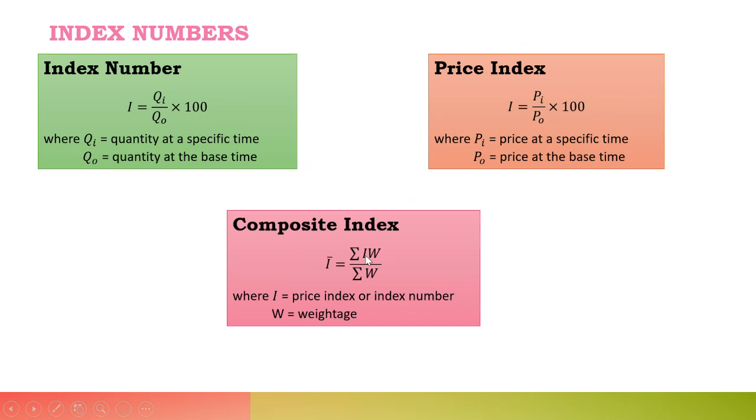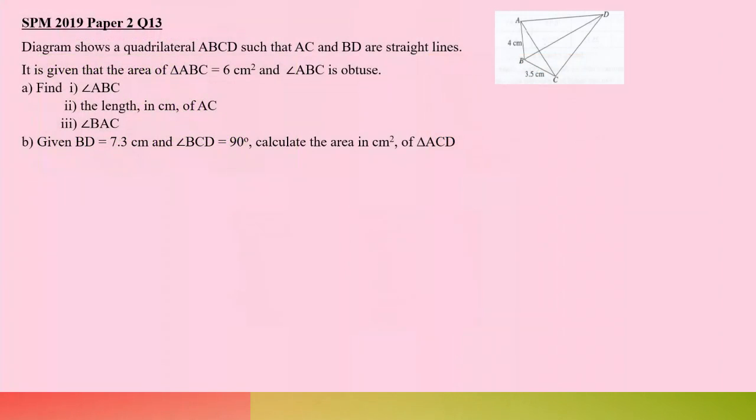Okay, so let's go through some past year questions based on these two topics and see what is being asked. We are looking at last year's question. This was in paper 2, question number 13, that is your part C. What you are given here is the area of the triangle ABC, where two of the lengths are given, 4 and 3.5, and the area is given as 6 cm.